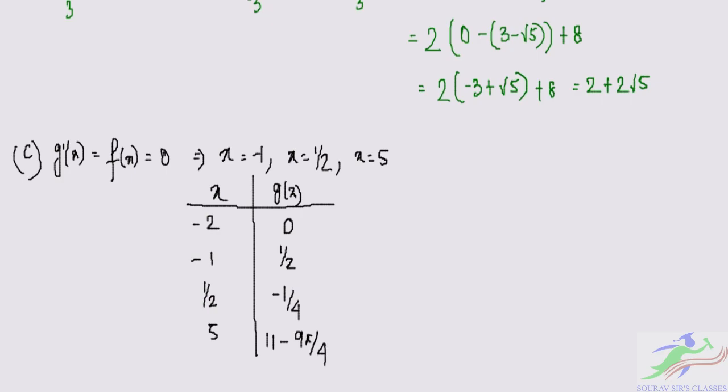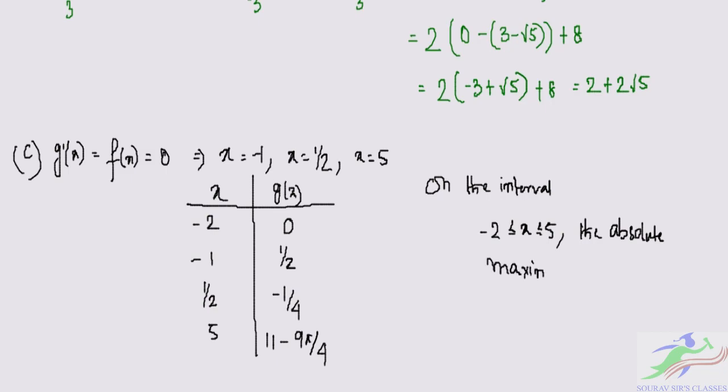Okay, so the interval is given as from minus 2 less than or equal to x less than or equal to 5. The absolute maximum value of g will be at g of 5.